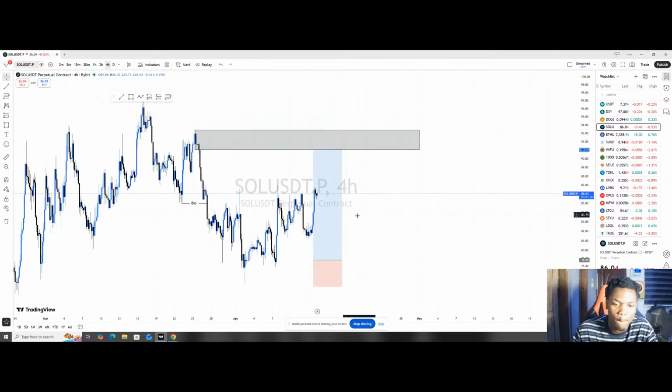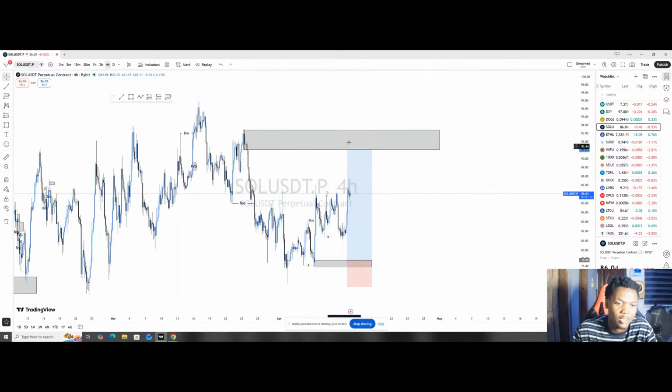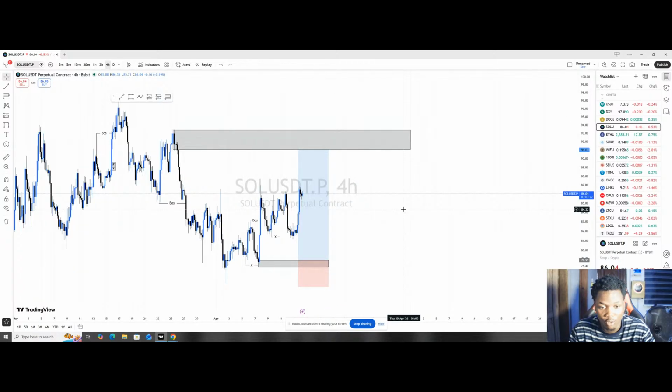Solana. So on Solana, I'm looking at price to go and tap this resistance level. You understand? So I don't think this buy trade is valid anymore also, because price is aiming for this resistance level before coming down or doing any other thing.